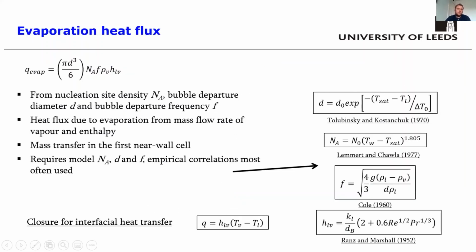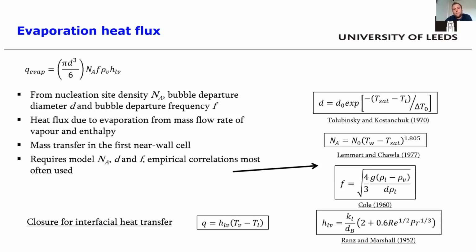I want to focus on the evaporation, how the evaporation heat flux is modeled, because it's the most important thing in this kind of model. So it is essentially modeled from the nucleation site density. So it's the number of nucleation sites on the wall that are active and generate bubbles. The bubble departure diameter.